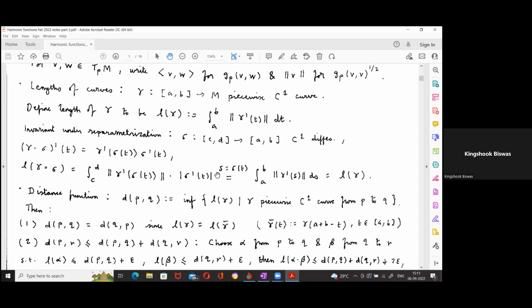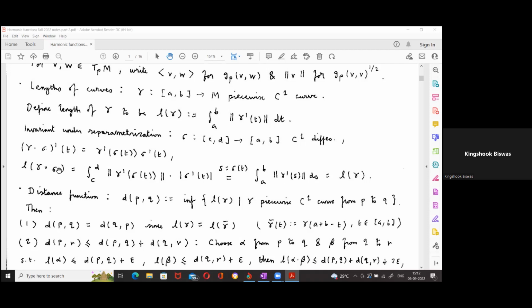Now I make the change of variable sigma t equal to s. Then this becomes the integral from a to b of the norm of gamma prime s ds, by the change of variable formula from one variable calculus. And that is the same as the length of gamma. This mod sigma prime t dt becomes ds, right? So the length is invariant under reparametrization.